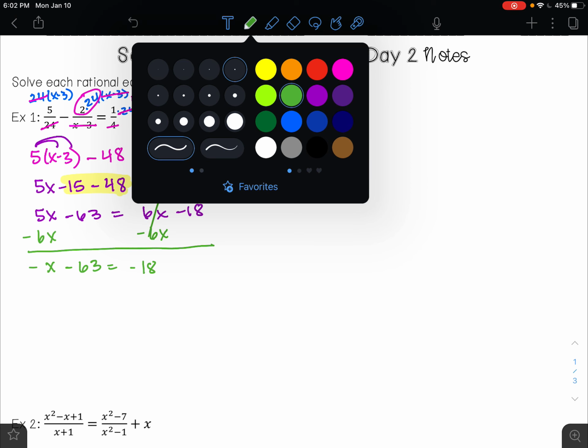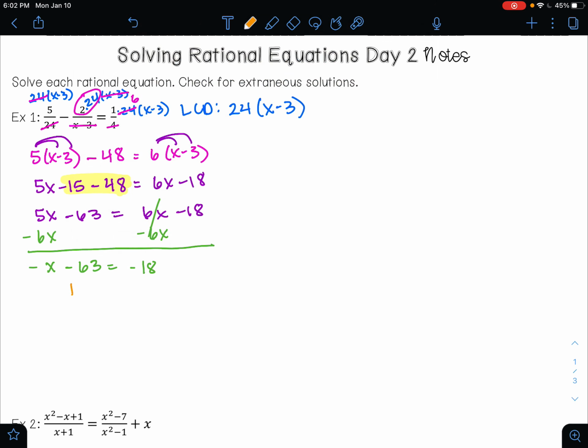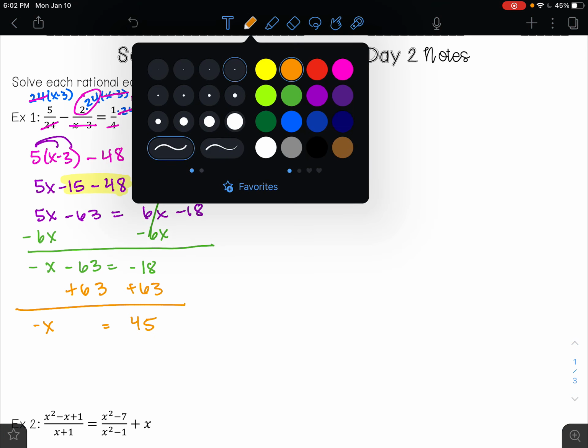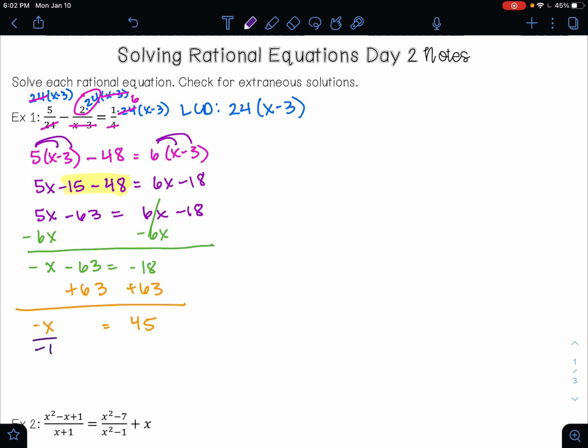From here, I can add 63 to both sides and get 45. So I'll have negative x equals 45. To undo multiplication, I am going to do division and get that x is equal to negative 45.